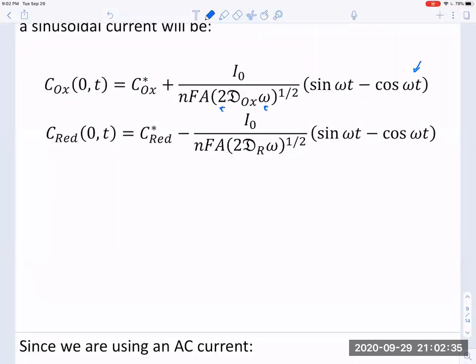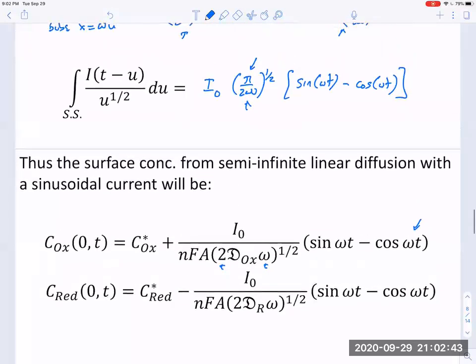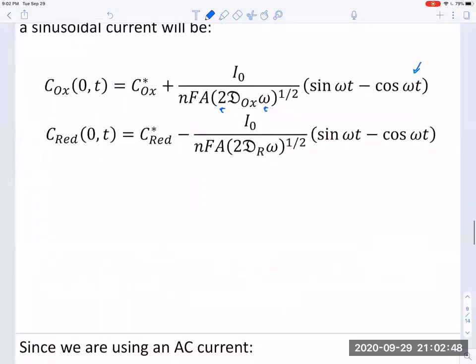Okay, so it's also of relevance to us, not the flux, just the change in concentration with respect to time. So we have d C_ox at 0,t over dt equals I0.